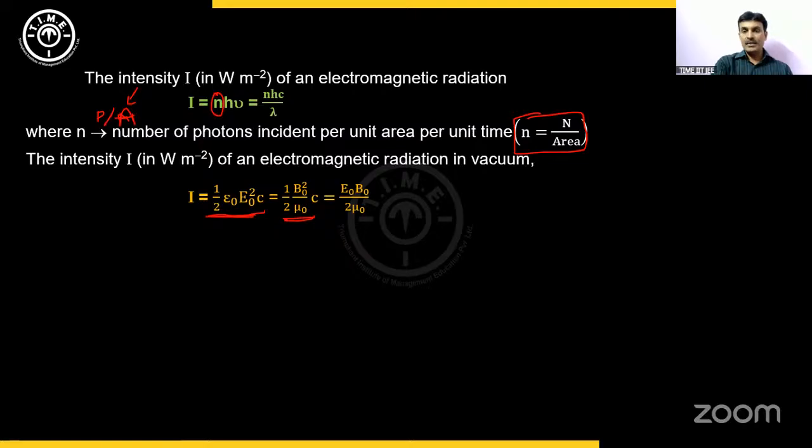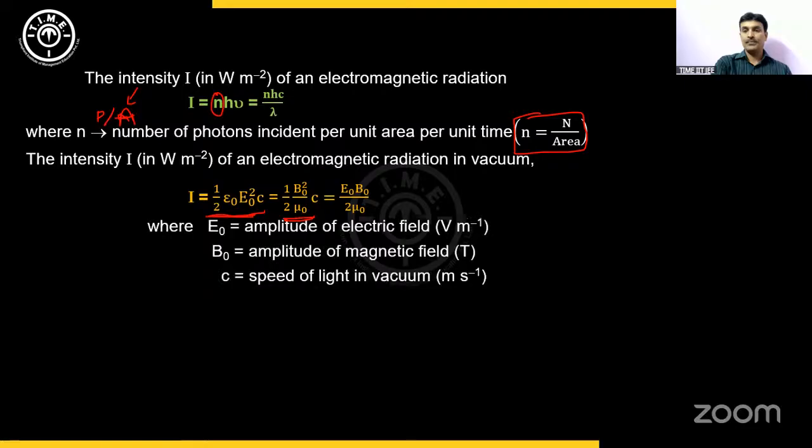Remember here the ratio of E naught by B naught is same as E RMS to B RMS ratio. So in this equation, E naught is the amplitude of the electric vector measured in volt per meter. B naught is the amplitude of magnetic vector measured in Tesla. c, as usual, represents the speed of light measured in meter per second. Okay.